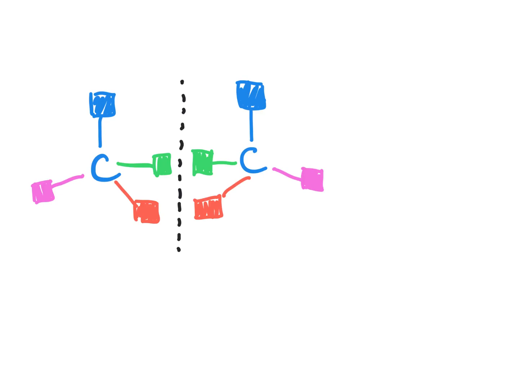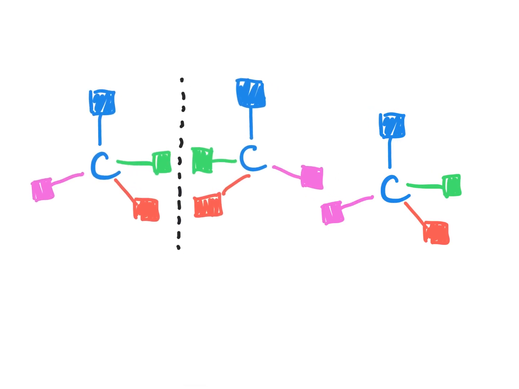And if I took this structure and just copied that structure and brought it over here, we would see that with a little bit of just rotating this structure, right, a little bit counterclockwise, green would align with green.